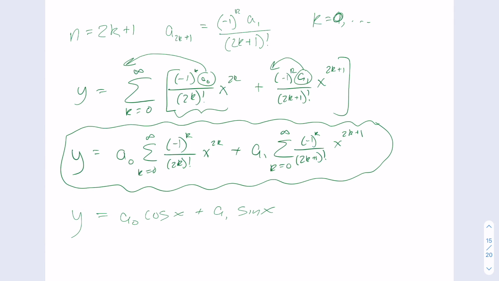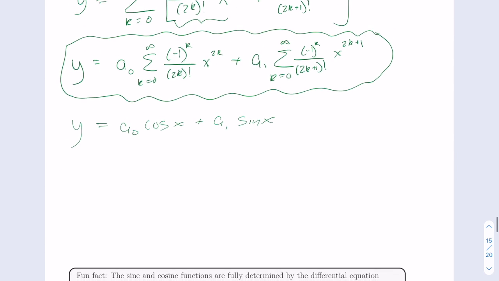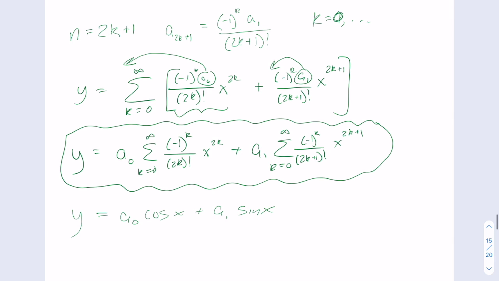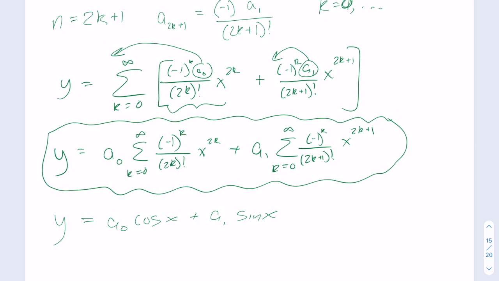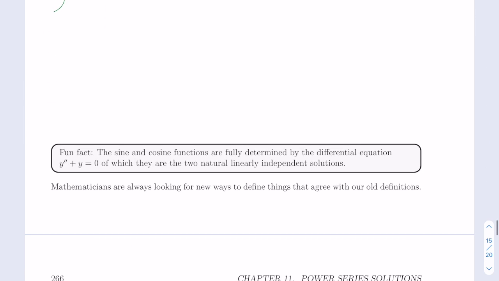And that is awesome. So that was, I think, a really fun exercise in showing how these series things do get along with the things that we knew before. Okay. Now, as a fun fact here, our book has this, and I think it was really interesting.